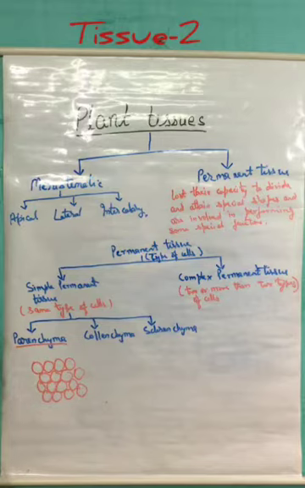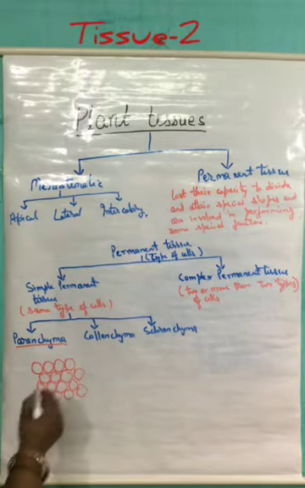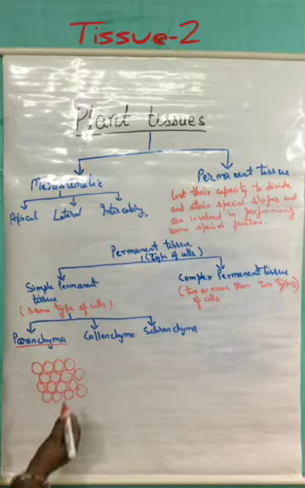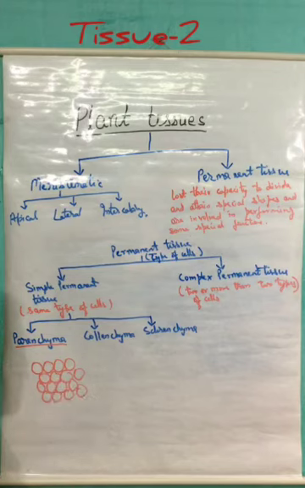So, what we have discussed, the parenchymatous tissues are made up of cells which may be spherical or polygonal in shape.